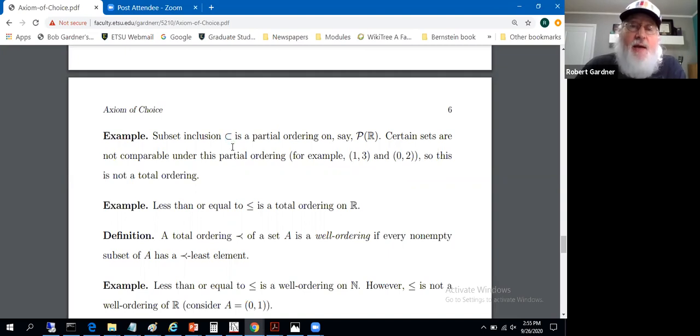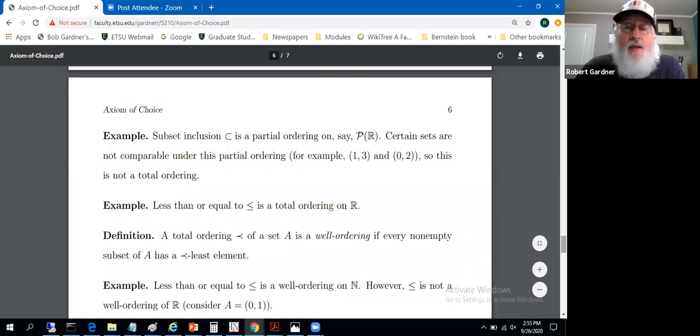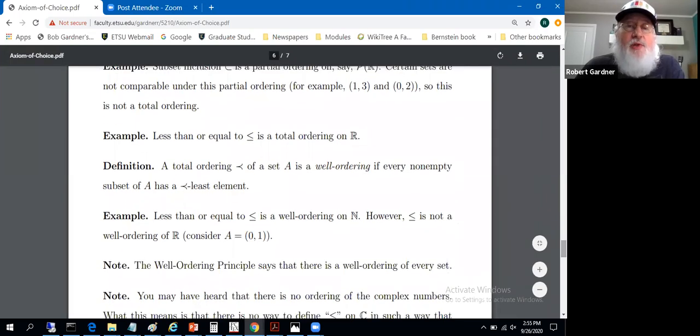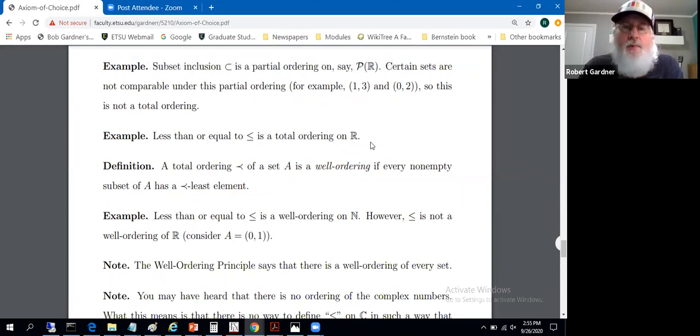And you can check quickly that subset inclusion is reflexive, anti-symmetric, and transitive. So that's actually the most common example of a partial ordering. If we look at just the usual less than or equal to, say on the real numbers, that's a total ordering. So regular less than or equal to, the ordering on the real numbers, which is a field, more of that shortly, is an example of a totally ordered set.